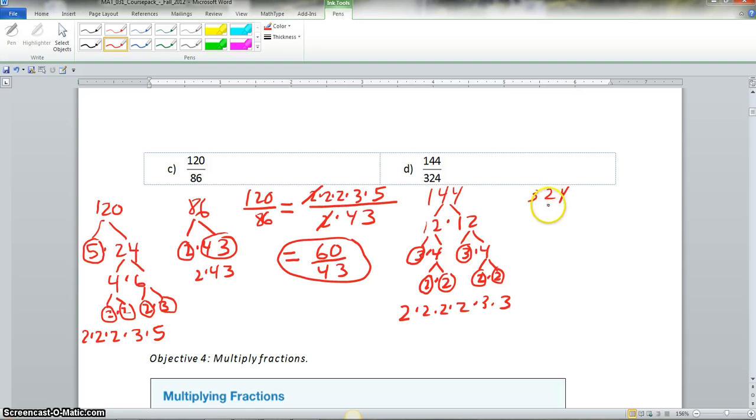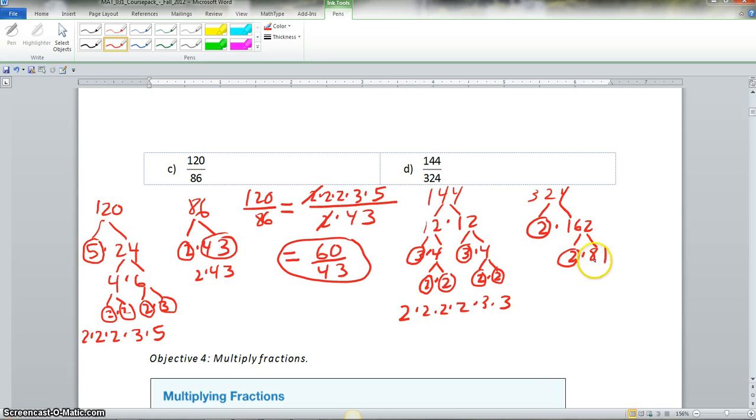Now, with 324. Now, this may take a little bit, but we can do it. We could do 2 times 162. So 2 is prime. And 162 breaks down to 2 times 81.